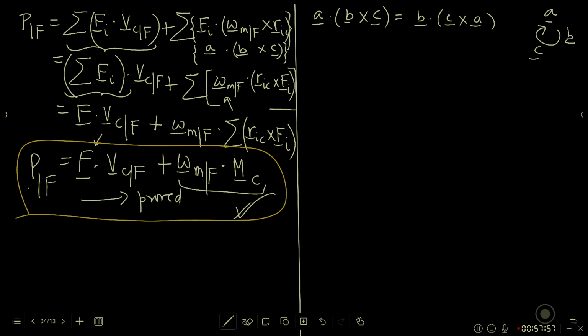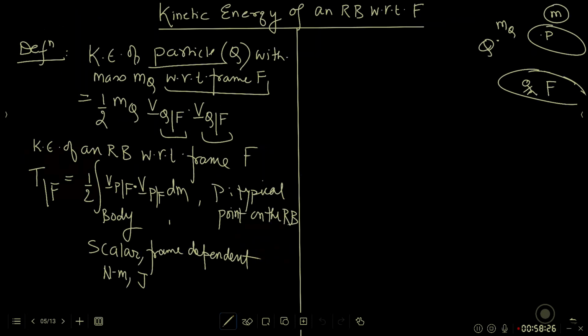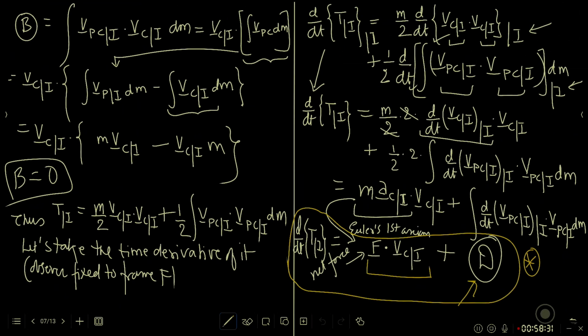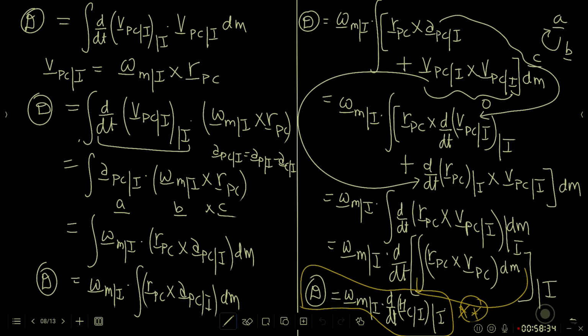I'll give a break, let me complete this derivation. I want to get done with it. Now recall 4 star, slide 4. What was that? That was PF equals F dot VCF plus omega MF dot MC. Set F equals I. We can always do that.